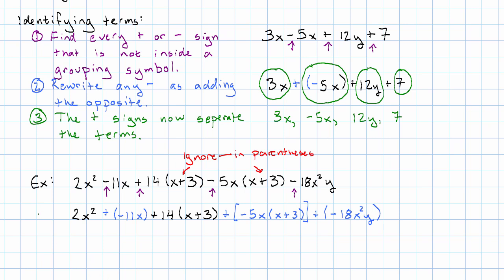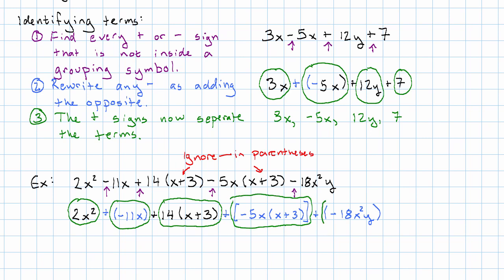And now I can identify my terms. I have a 2x squared term, a negative 11x term, a 14 times something in parentheses, negative 5x times something in parentheses, and negative 18x squared y.